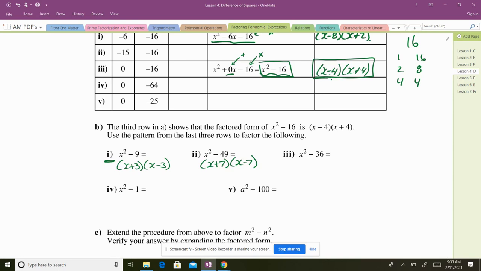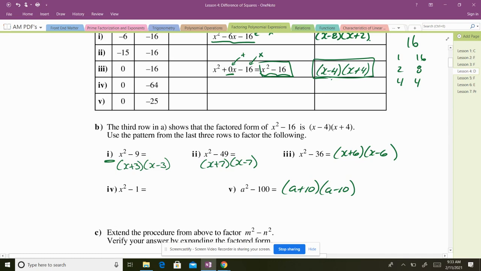36, can you square root it? So what is it? There you go. What about a squared minus 100? So just a plus 10, a minus 10.